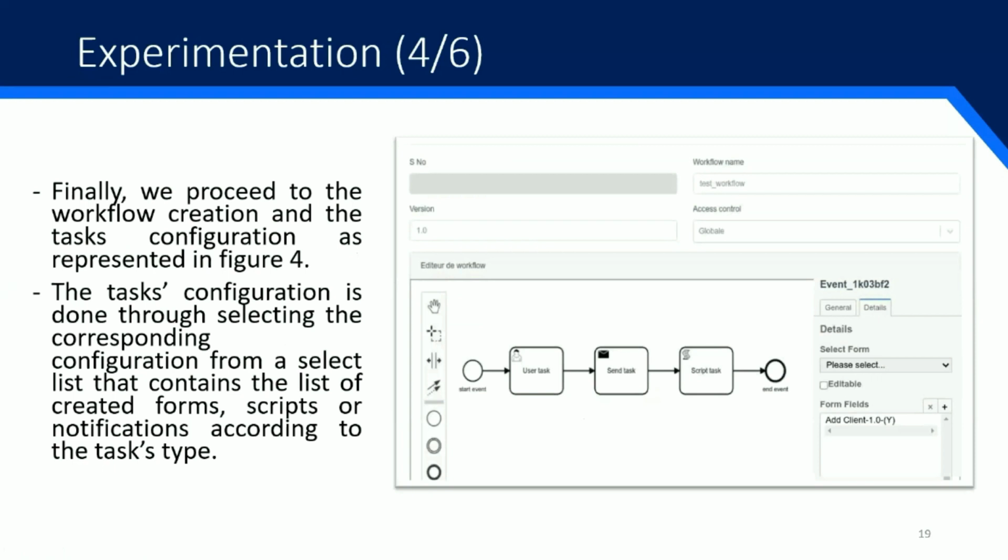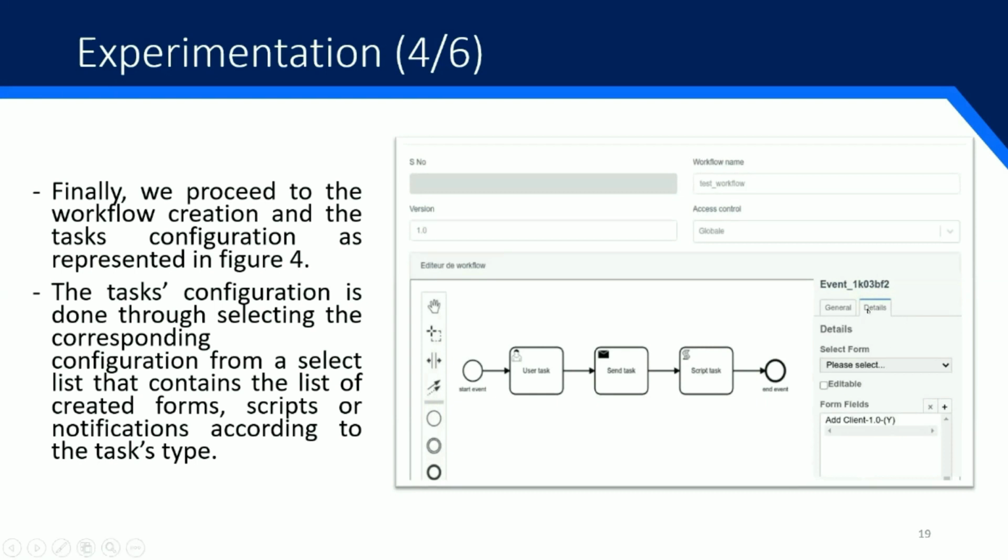Finally, we proceed to the workflow creation and the task configuration as shown in this figure. The task configuration is done by selecting the corresponding configuration from a select list that contains the list of created forms, scripts, or notifications according to the task type.